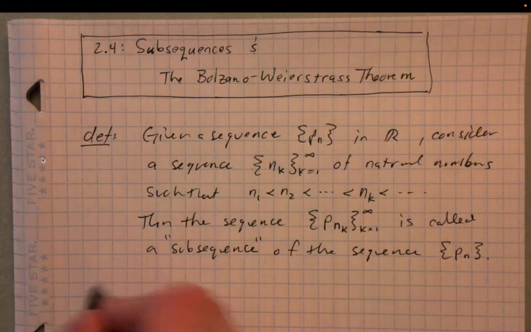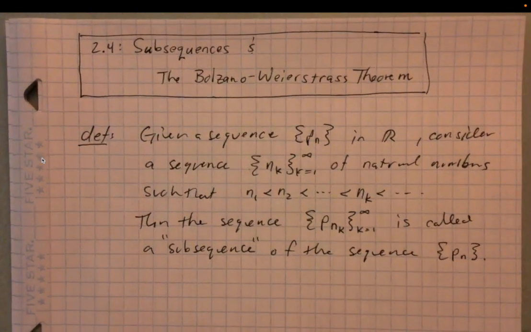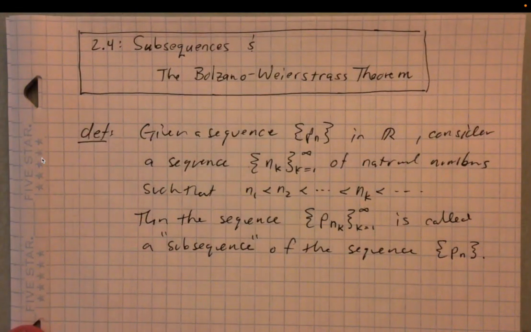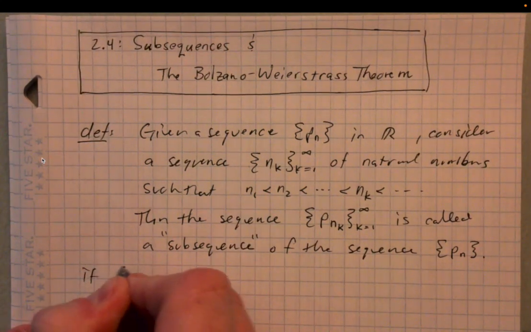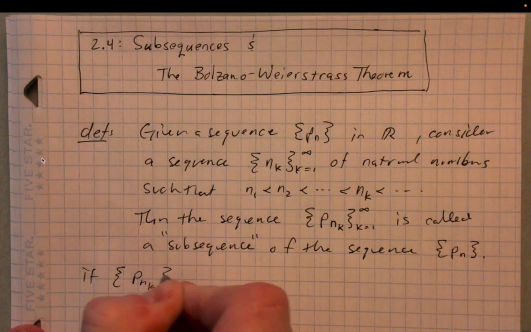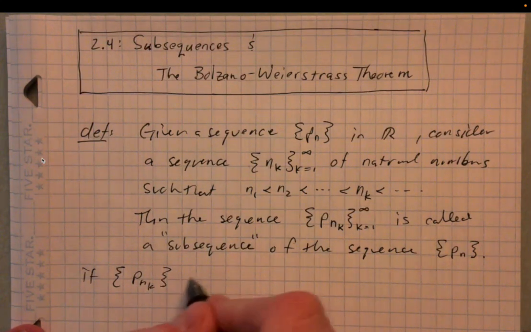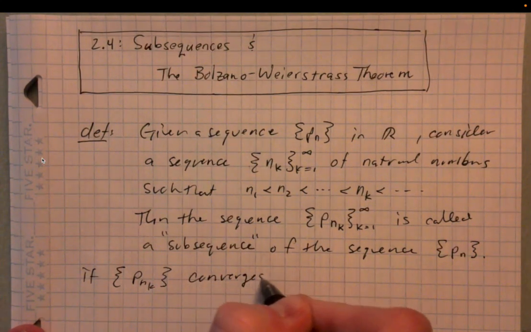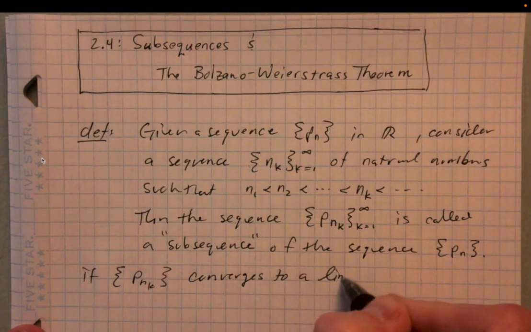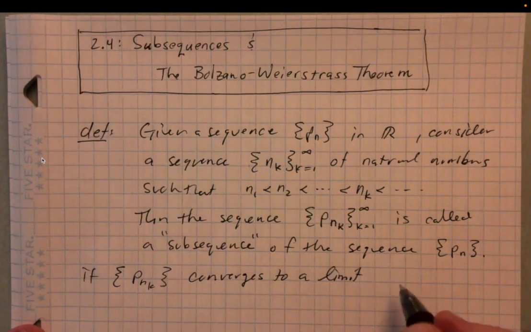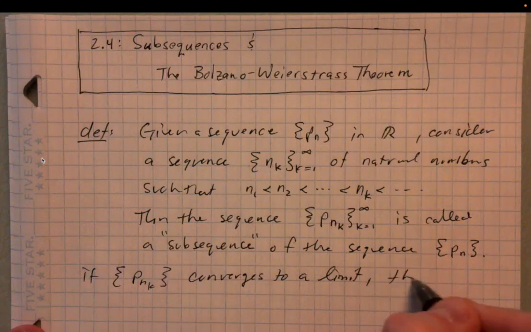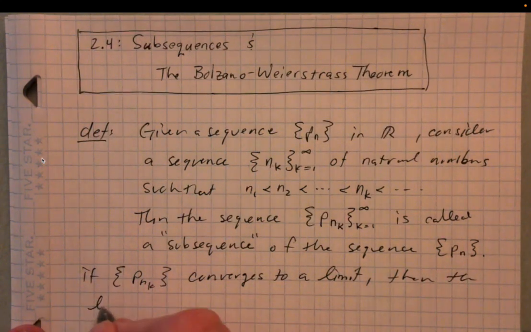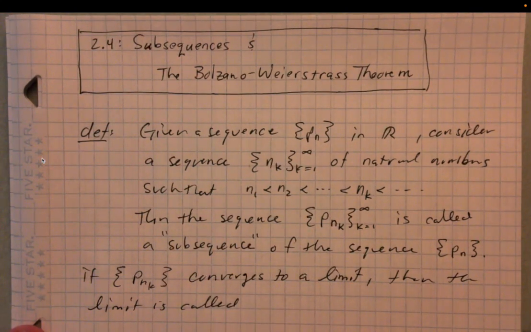Okay, so we'll do some examples in a second. It's not as tricky of an idea as maybe it seems, but what we'll see here is that if P sub n sub k, this is the subsequence, converges to a limit, then the limit it converges to is called the subsequential limit.